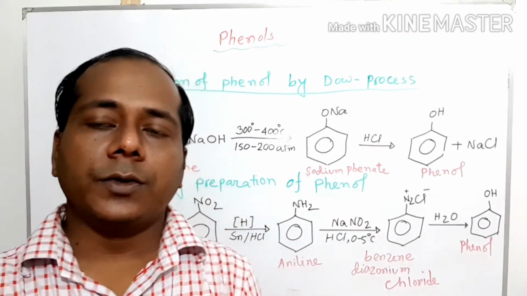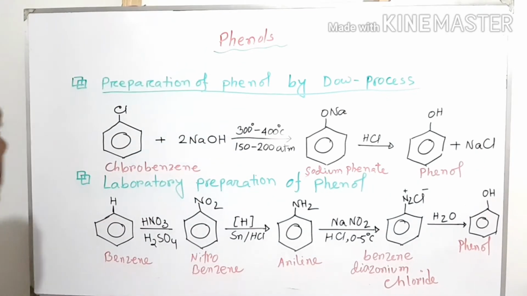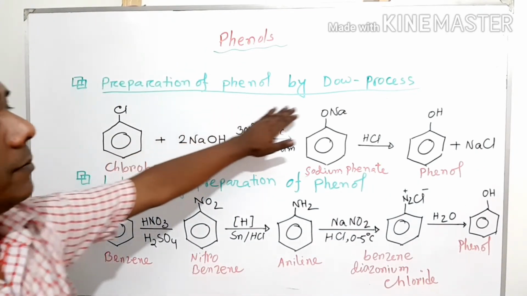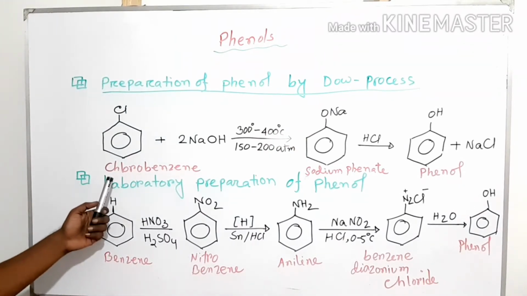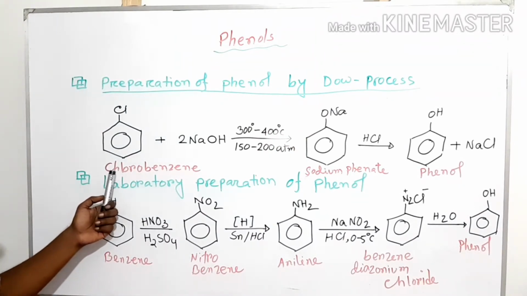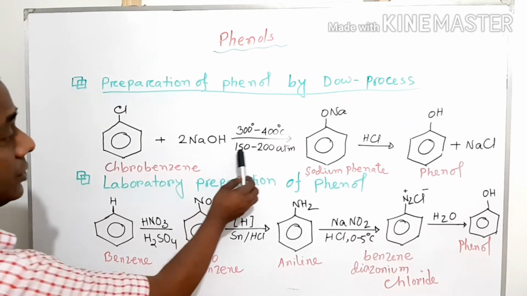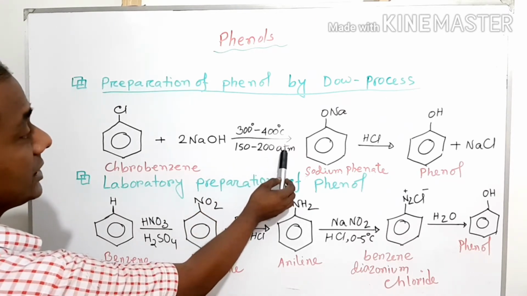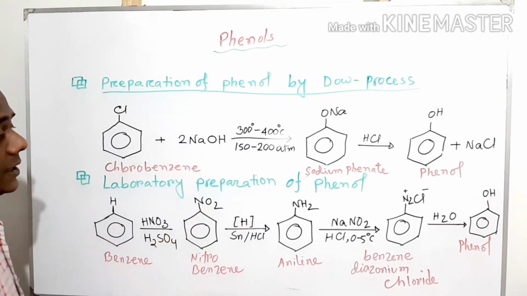Students, now we discuss about the preparation of phenol. The first one, preparation of phenol by Dow process. In this process, first chlorobenzene is hydrolyzed in the presence of alkali at 150 to 200 atmosphere pressure and 300 to 400 degrees centigrade temperature.